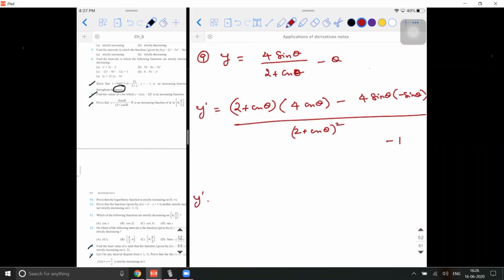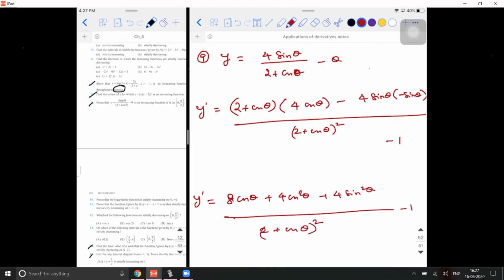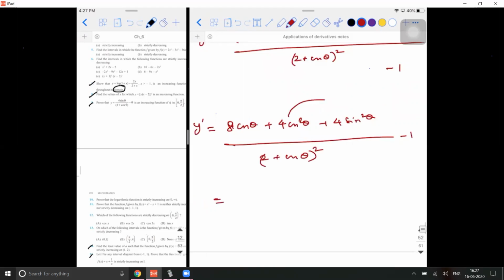So y dash will be equal to 8 cos theta plus 4 cos square theta plus 4 sin square theta, the whole divided by 2 plus cos theta the whole square, minus 1. So 8 cos theta plus 4 divided by 2 plus cos theta the whole square, minus 1.